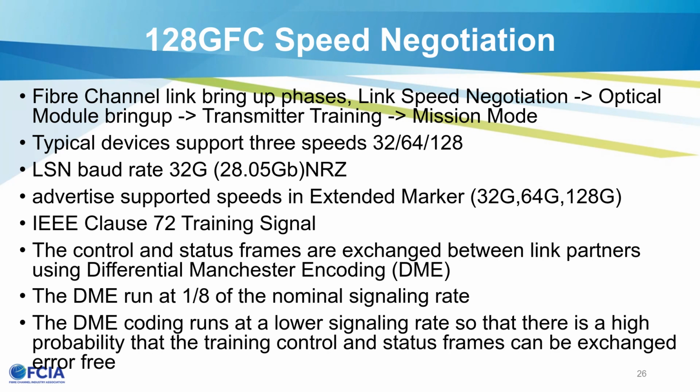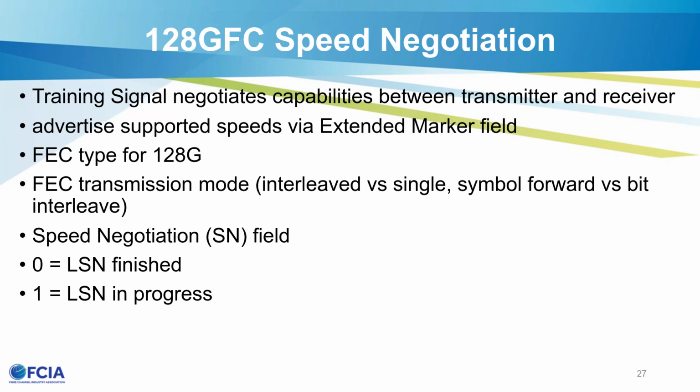So even with not the best bit error rate, you're still going to be able to read them on the farther end because they run an eighth of the nominal signaling rate. And you'll communicate back and forth what the capability is on each end using that, which I think is going to make 128 GFC speed negotiation much, much more seamless than 64 was.